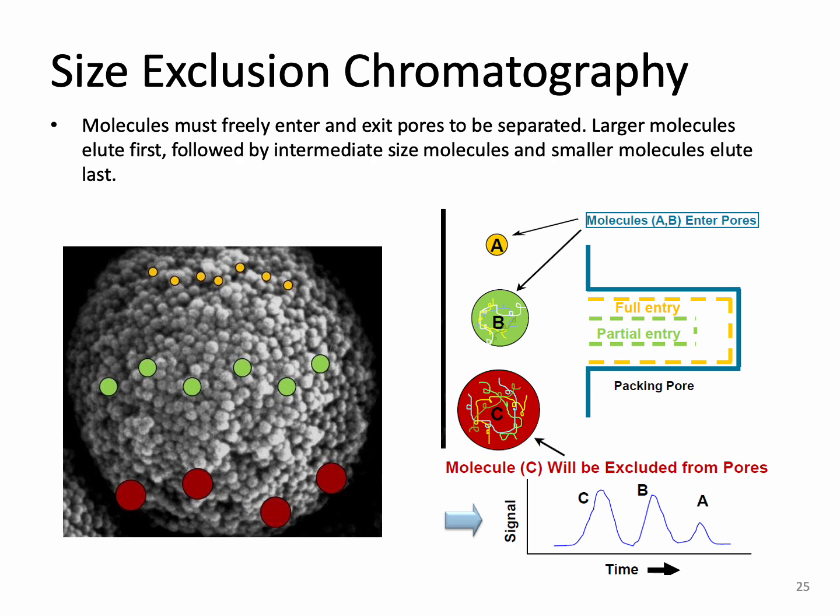Then we stop collecting. At time 10 minutes, we will be able to collect B. And then when we continue to collect at time 15 minutes, we will get compound A. And again, this depends here, in this case, on the size.